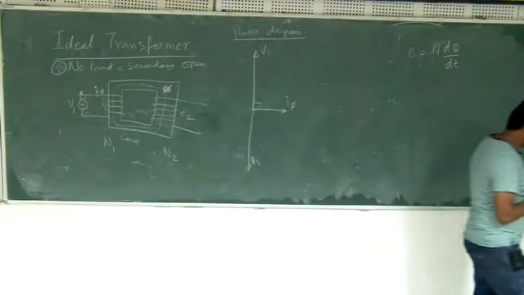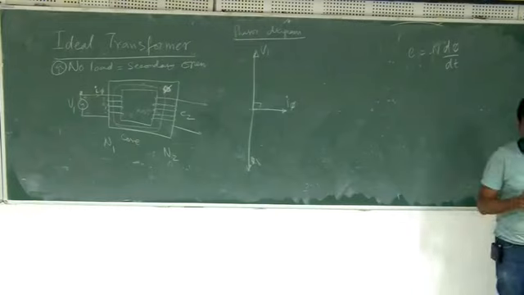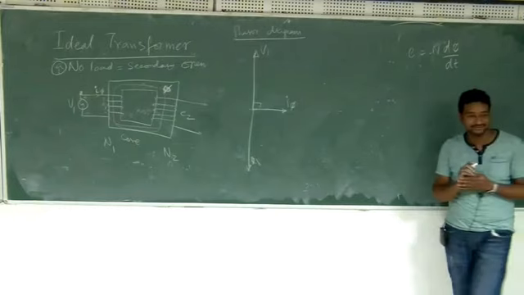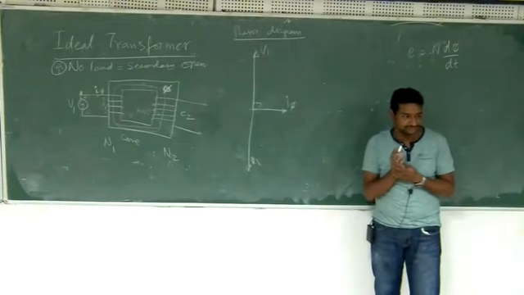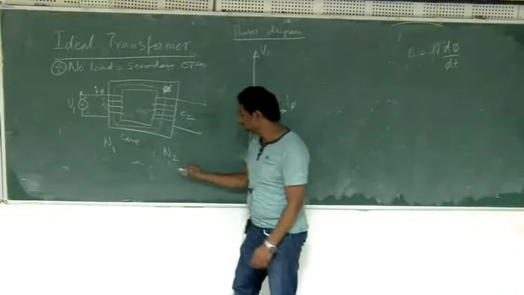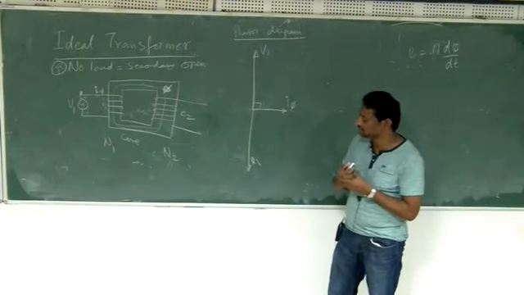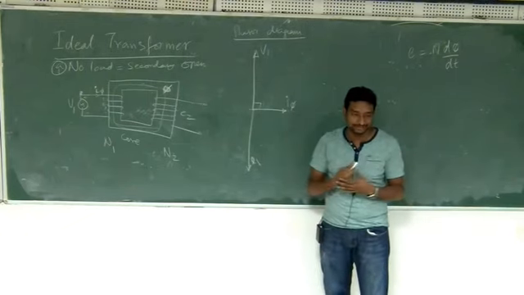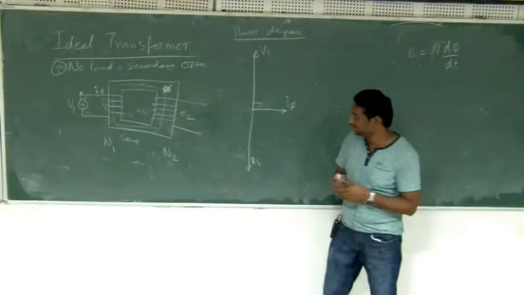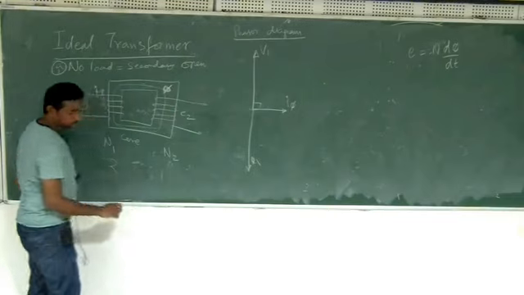What about E2? Is the length same? If N1 is equal to N2, then E2 length also will be same. So, for this example, let's consider a step down transformer. That means N1 to N2 maybe 2 to 1.